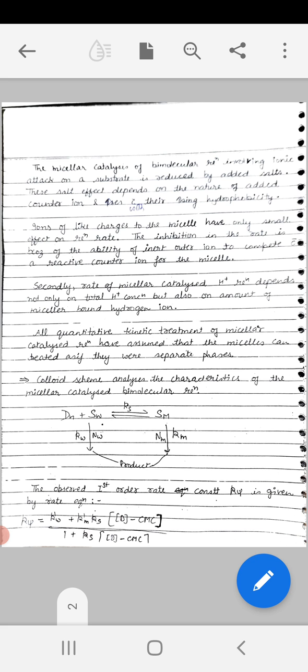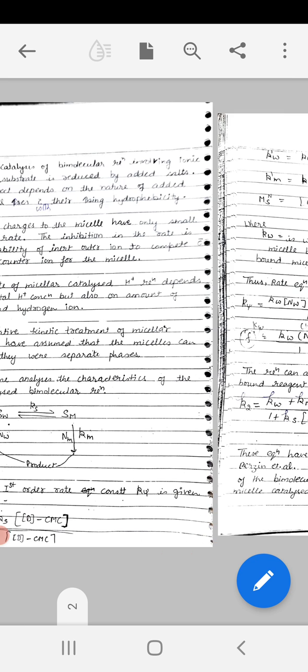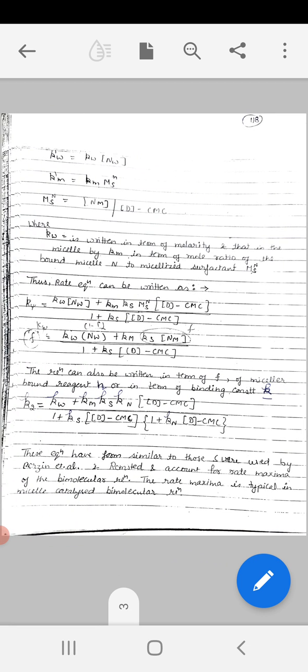Thus the rate equation can be written as K psi equals (Kw Nw plus Km Ks MSN (D minus CMC)) upon 1 plus Ks (D minus CMC), where K psi or F equals (Kw Nw plus Km Ks Nf) upon 1 plus Ks (D minus CMC).